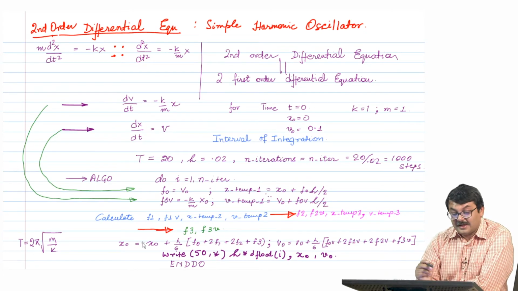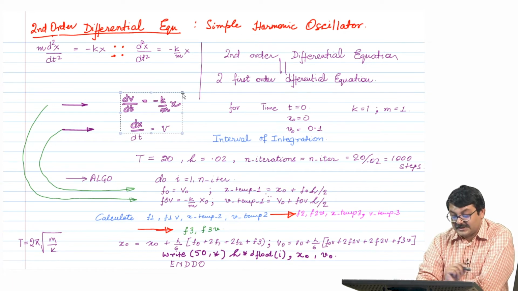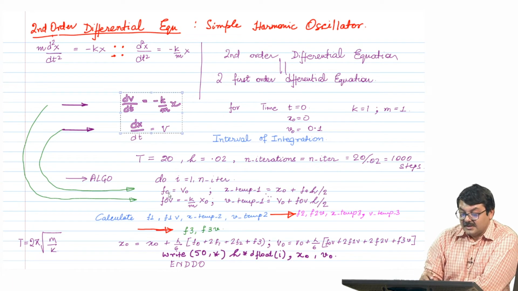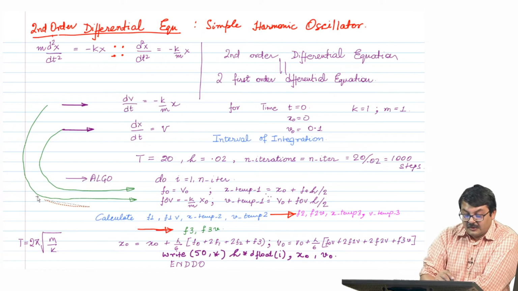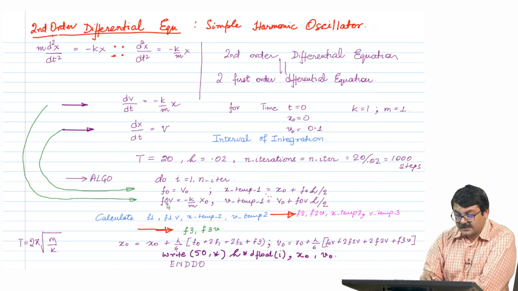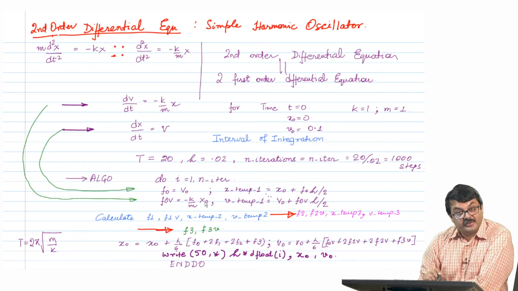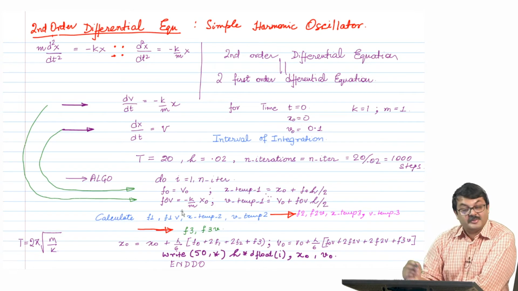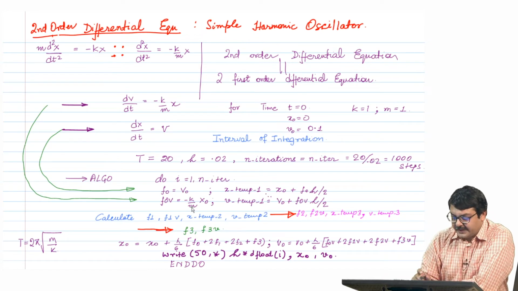But now you have another first order differential equation, and that has to be solved in tandem. So, rather than just f 0, you shall also have f 0 v corresponding to this equation, right. So, you have f 0 v, which is nothing but minus k by m x 0, right. X 0 happens to be 0, but it could also be any finite value, right.